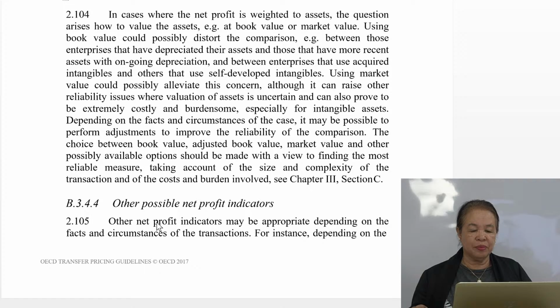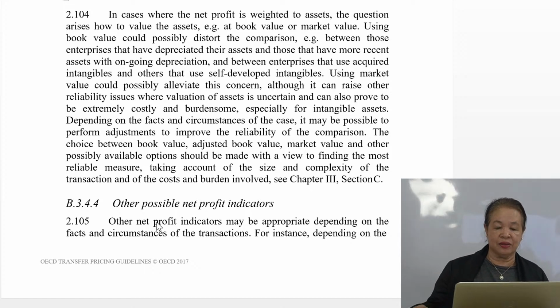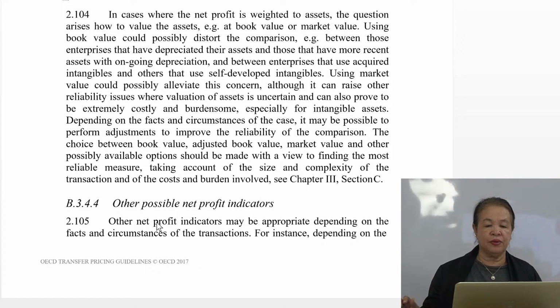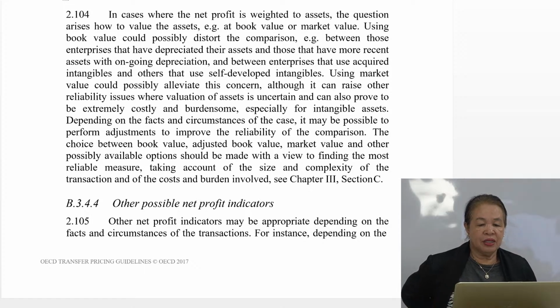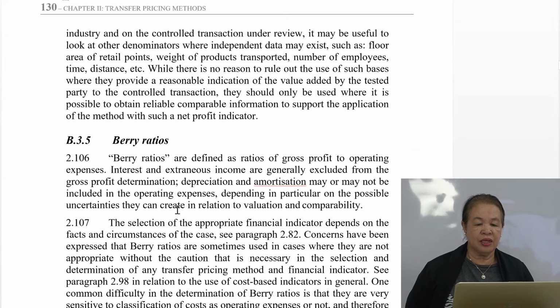Other net profit indicators. Other net profit indicators may be appropriate depending on the facts and circumstances of the transactions. For instance, depending on the industry and on the controlled transactions under review, it may be useful to look at other denominators where independent data may exist, such as floor area of retail point, weight of products transported, number of employees, time, distance, and others.